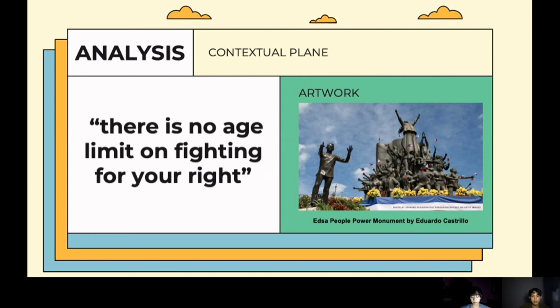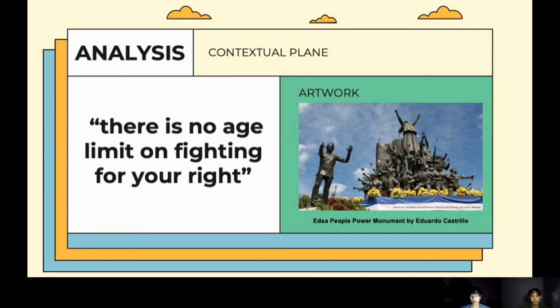It is known that Marcos was one of the best and also the worst governing bodies the Filipinos had ever witnessed. The monument also portrays that there is no age limit on fighting for your rights. Whether you are rich, poor, young, or adult, everyone united to bring down darkness and to redeem the freedom that had been thrown away.